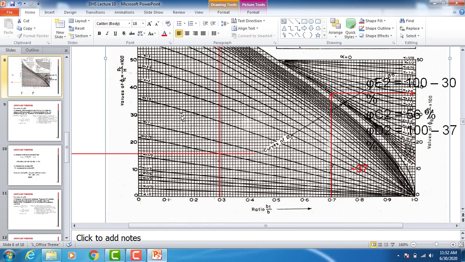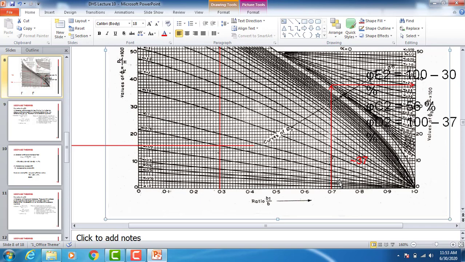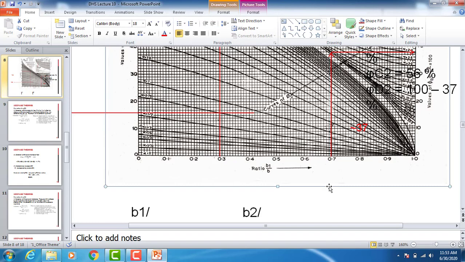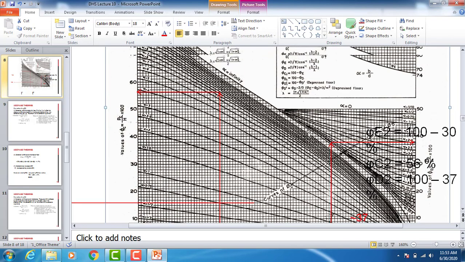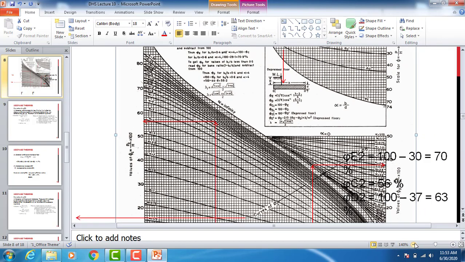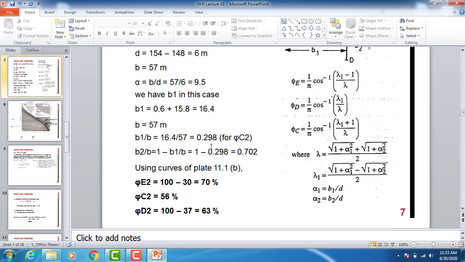Also using the value of B2 divided by B, which is 0.7, it is coming here again. I zoom out, you will get a clear value, which is B2 divided by B equal to 0.702.